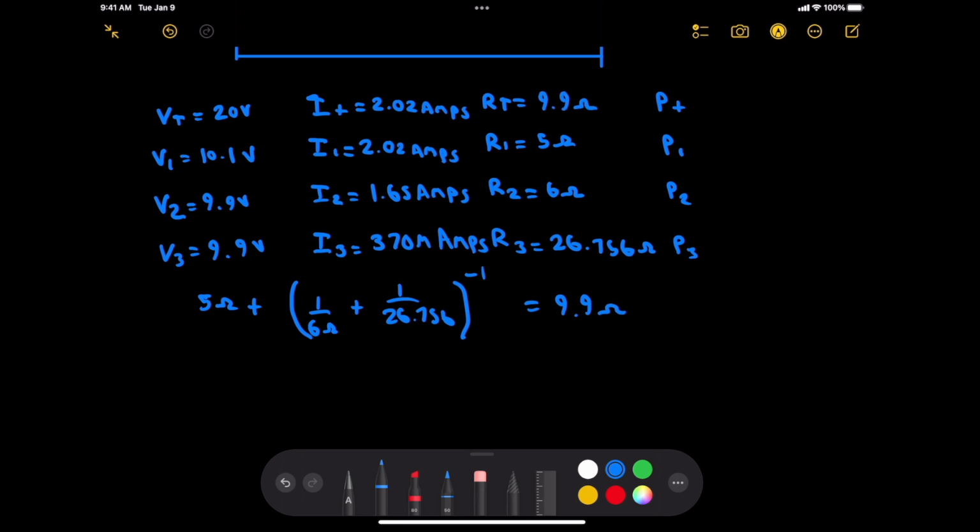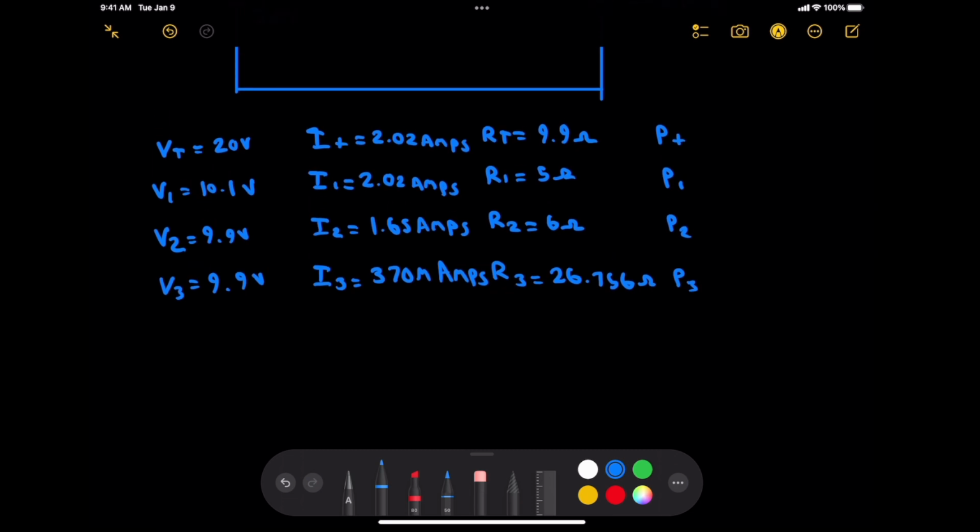Okay, now let's solve for power. And to solve for power, we just do what we've always done. We multiply the voltage and the current. Then we're just going to add it up to find PT. All right, here we go.